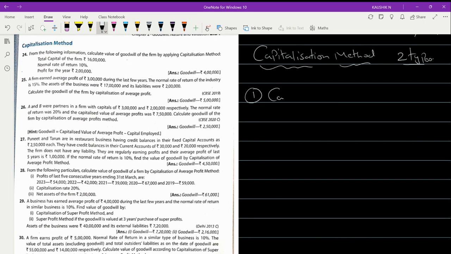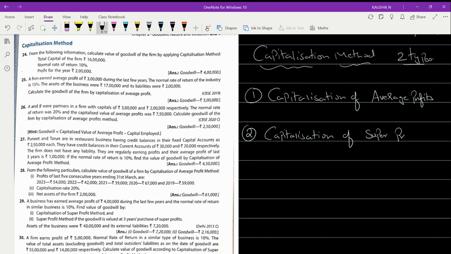One we call capitalization of average profits, and the second one is capitalization of super profit. These are the two methods that we are going to learn under the capitalization concept.